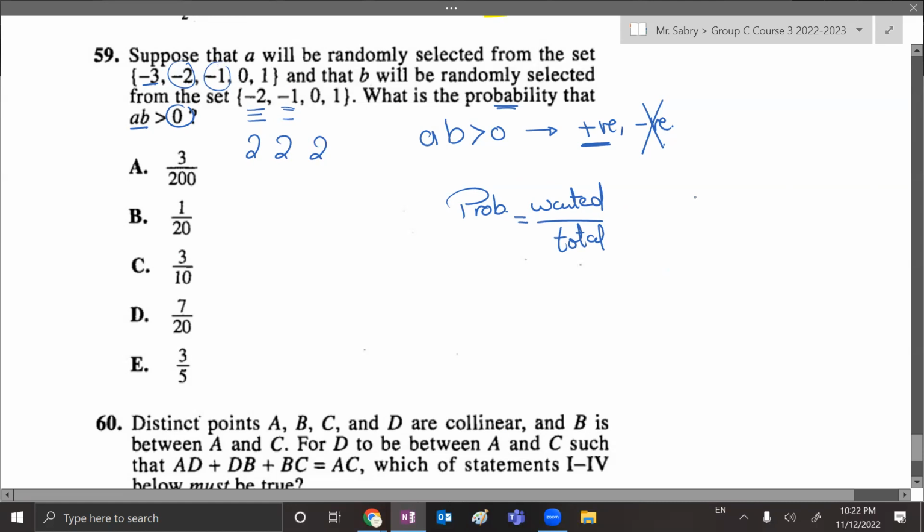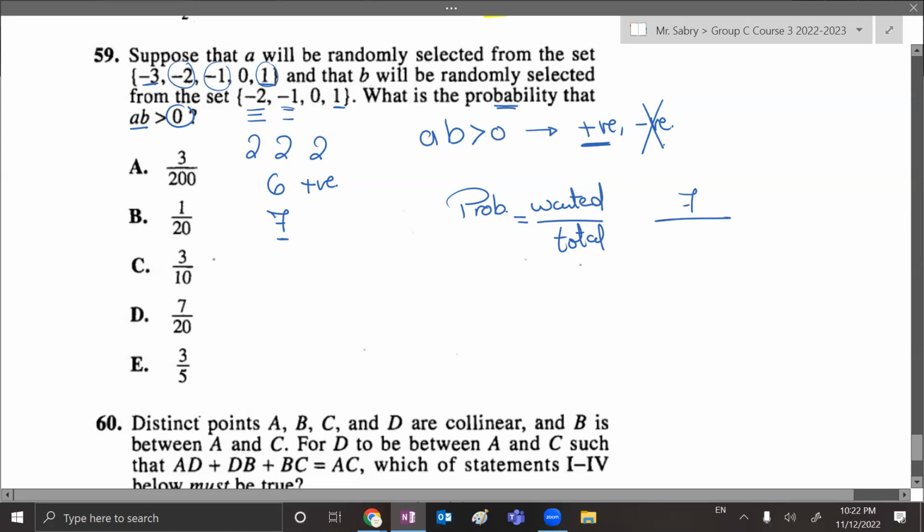So a total of 6 cases so far from the negatives only. I can also take 1 multiplied by 1, and that's one more case. So far 7 cases give me a positive. So the wanted, for it to be positive, is 7 cases.